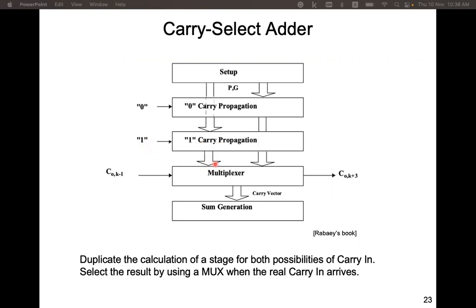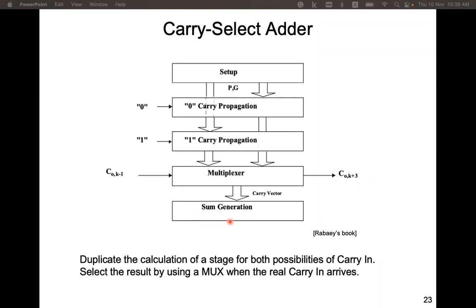So we get two sets of carry out values under two assumptions. And when the carry in of this stage is available, we select one of these two sets, and perform the sum calculation finally.